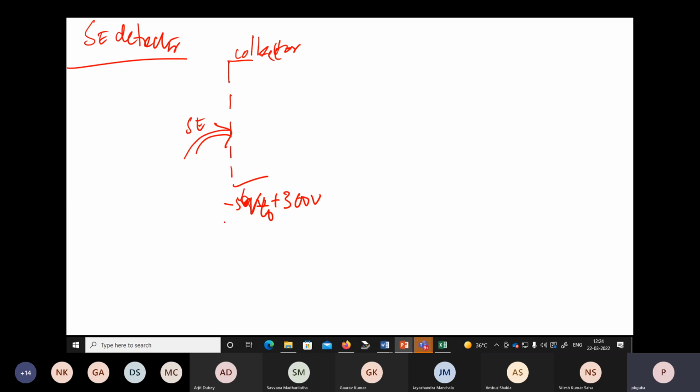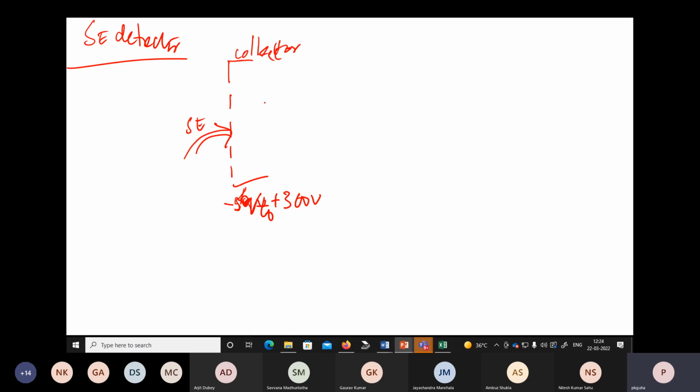If this voltage is too much, then it will attract the backscattered electrons also, and that's not the purpose. The purpose is to attract the secondary electrons, which are low in energy. So you give a few hundred volts. Sometimes you can give negative voltage also to repel the secondary electrons.